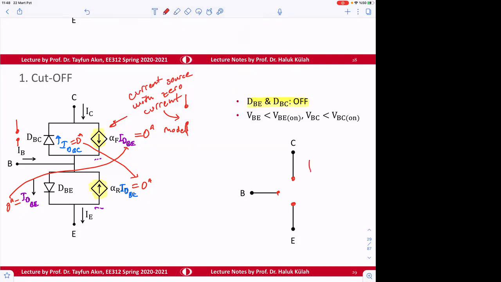So the current IC is equal to 0, IB is equal to 0, and I emitter is also equal to 0. So the model is representing correctly for the cutoff.